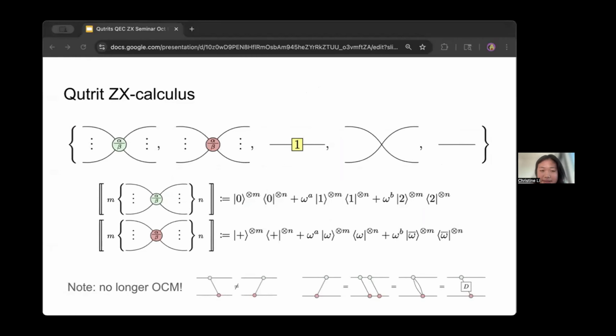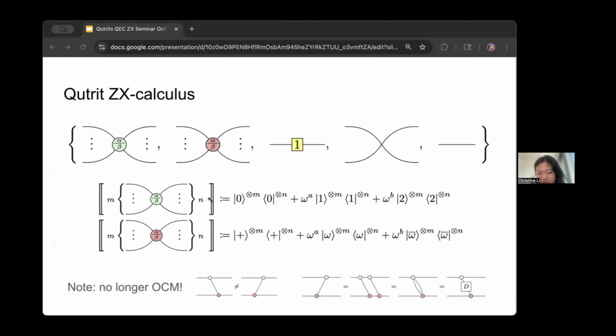This is very similar to the qubit ZX calculus, except now the spiders have 2 phases, for ket 1 and ket 2, or for ket omega and omega conjugate in the X spiders. The other thing is that in the qutrit ZX calculus, it's no longer only connectivity that matters, the directionality does matter.